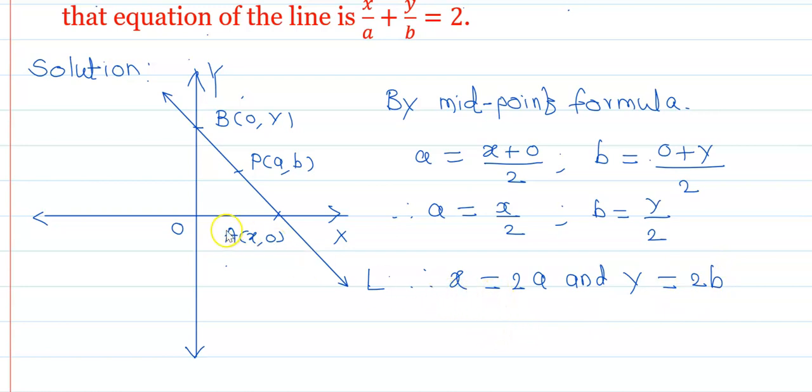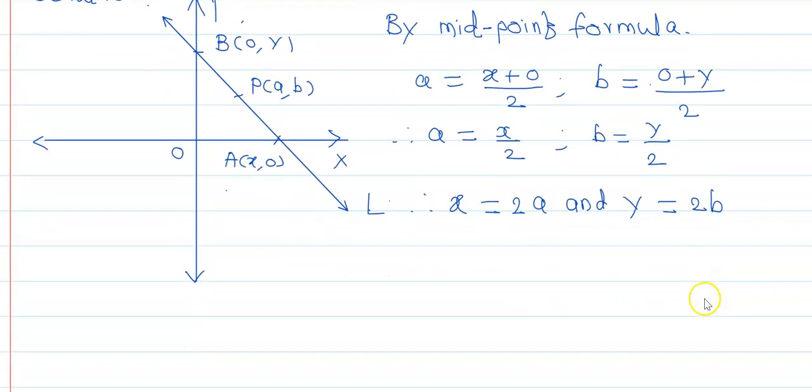This x is nothing but the x-intercept. Its value is 2a. y is nothing but the y-intercept. Its value is 2b.